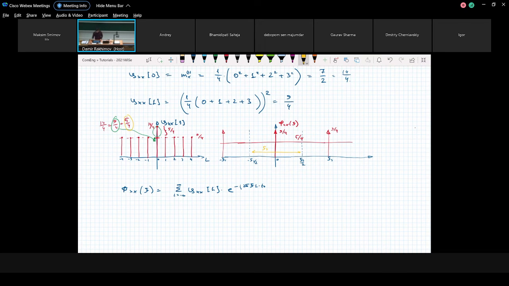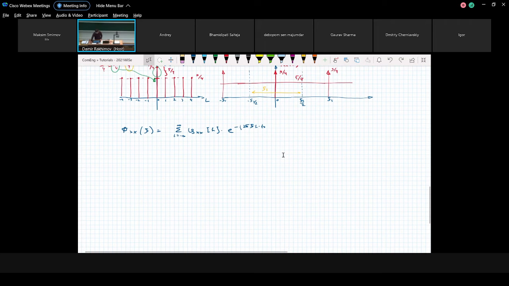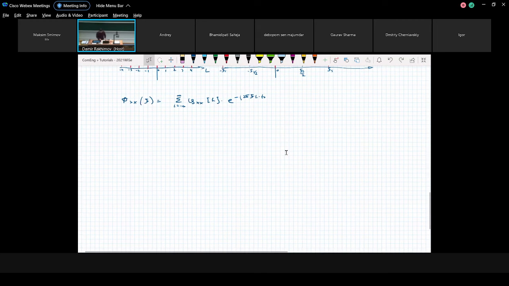Then it will be something like spikes in the spectrum. But I didn't show you this because it's not theory, it's what you see in a spectrum analyzer. It also depends on your resolution. So let's go further. That's all for the first task.